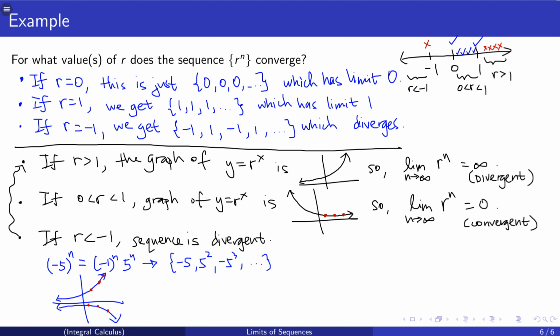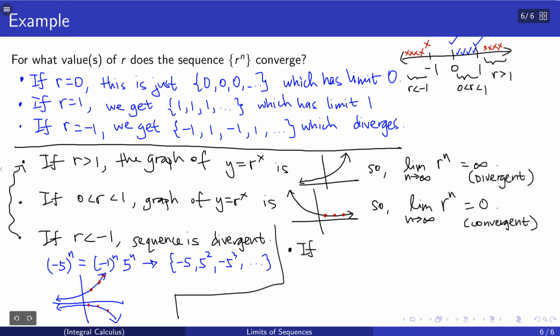It was divergent even for a positive base since it blew up to infinity. Now it's blowing up to infinity, but also alternating in sign. So it's even more divergent. That's not a thing, but it's divergent. Okay, so I'm just going to put some x's here.